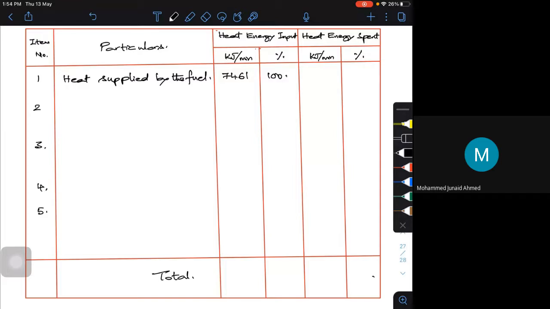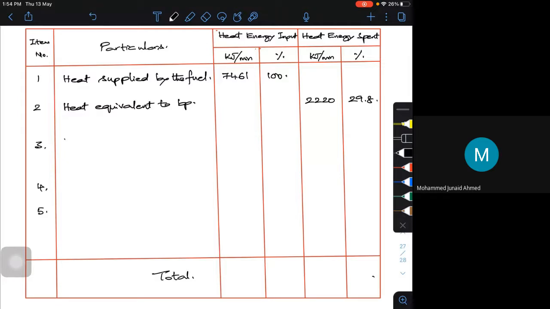Heat equivalent to brake power, which is 2220. So roughly around 29 point some change you will get. Round it up to 29.8%. Okay.